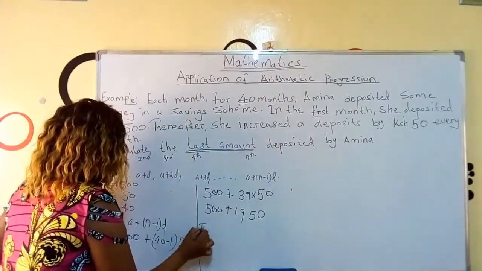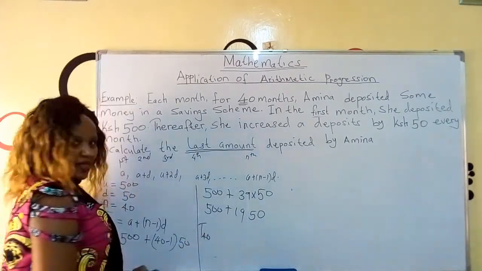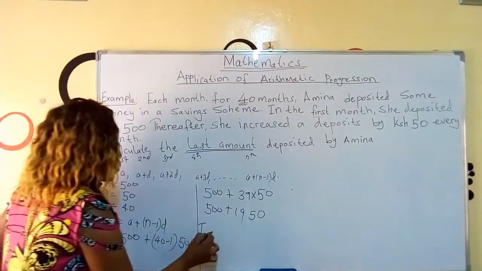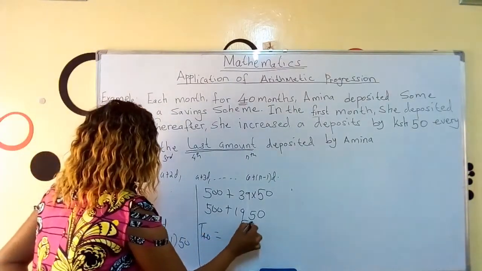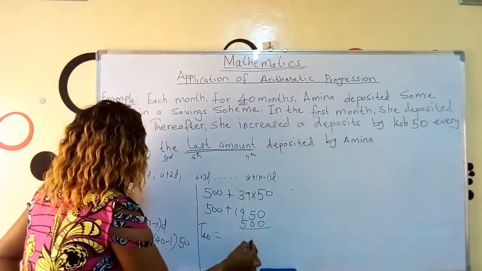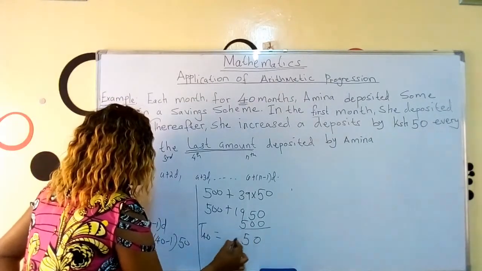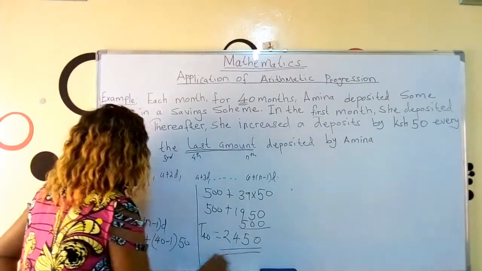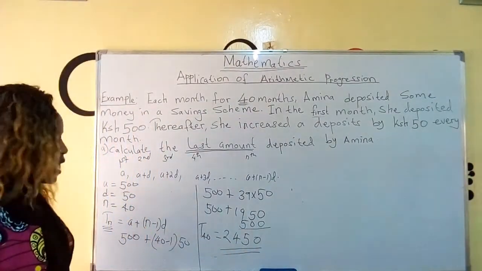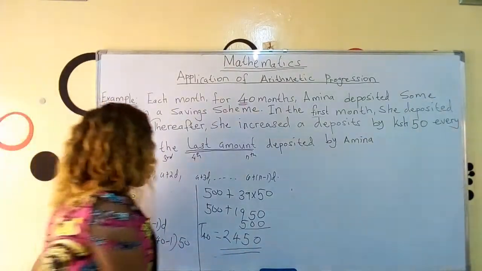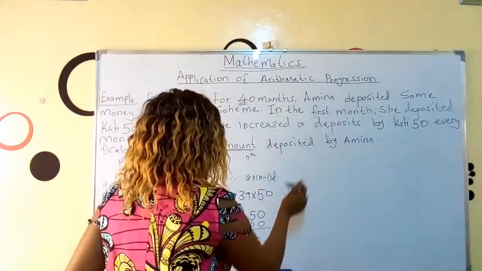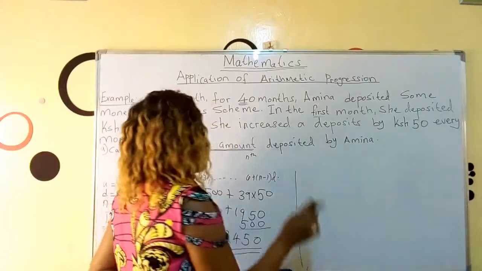So the 40th month, which is our nth term, will be 2,450. That is the last amount deposited by Amina.